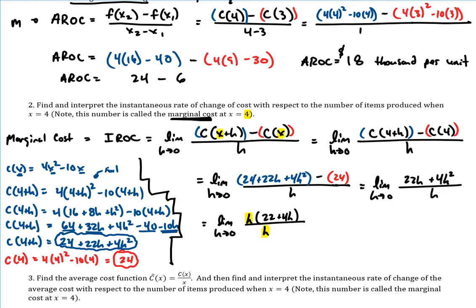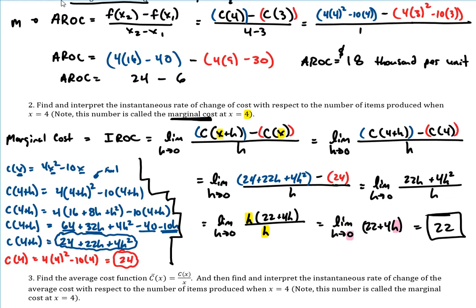So we would have the limit as h goes to 0 of just 22 plus 4h. And well, now I can plug that h going to 0 right there, which would give us 22 plus 4 times 0, which would just be 22. Okay, so there it is.